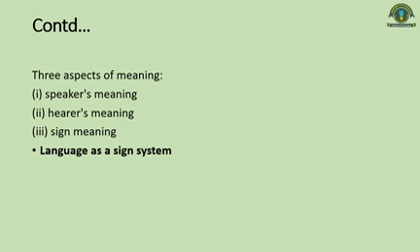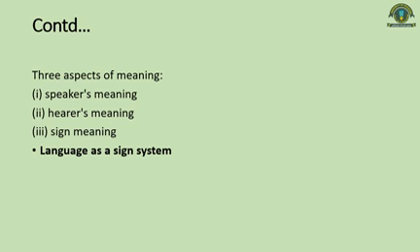What does the speaker want to convey? Number two is hearer's meaning. Hearer's meaning is pointing towards the hearer's or receiver's inward message: how he will interpret the message that is conveyed by the speaker.